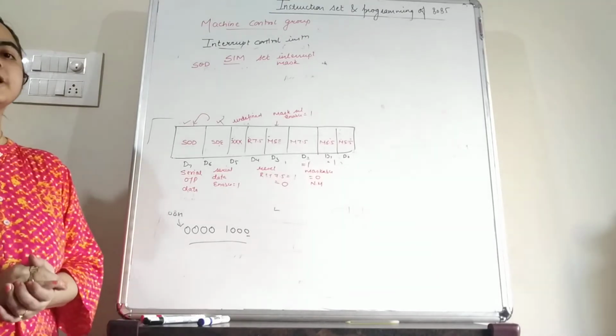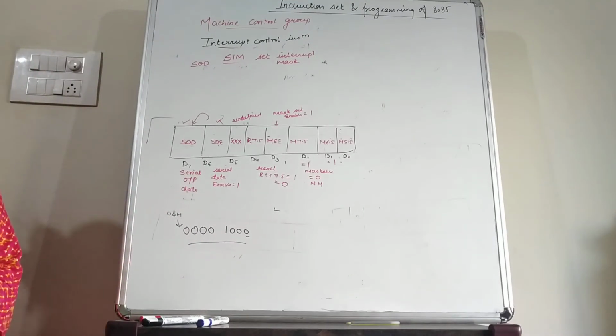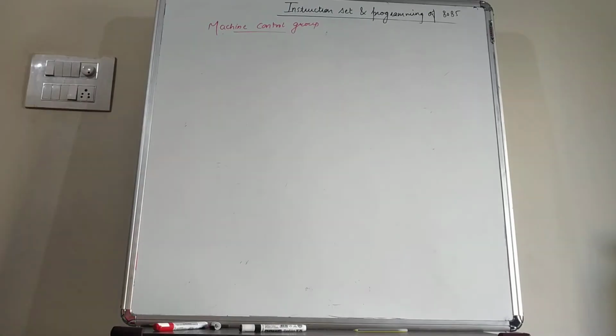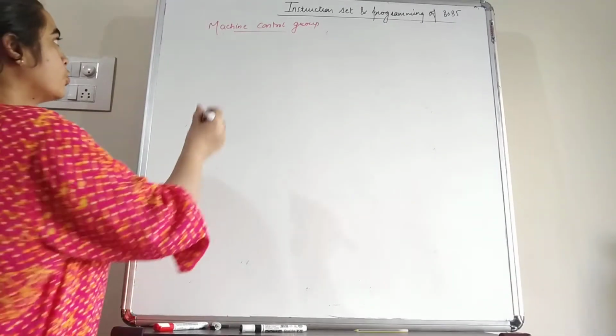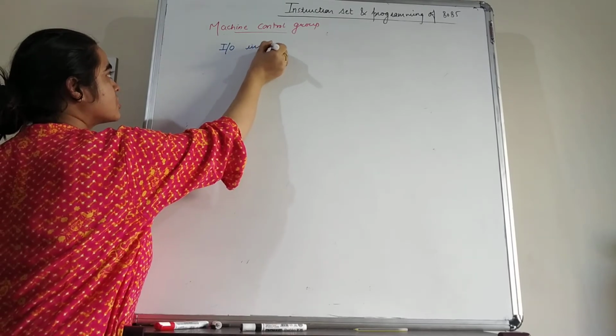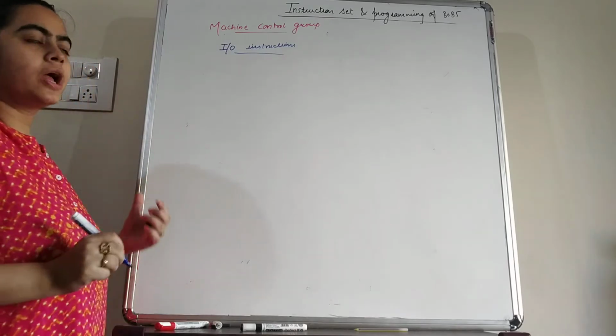After this, now we can study the input output instructions. The next type of instructions that comes under the machine control group are input output instructions. These instructions perform the functionality of input and output.